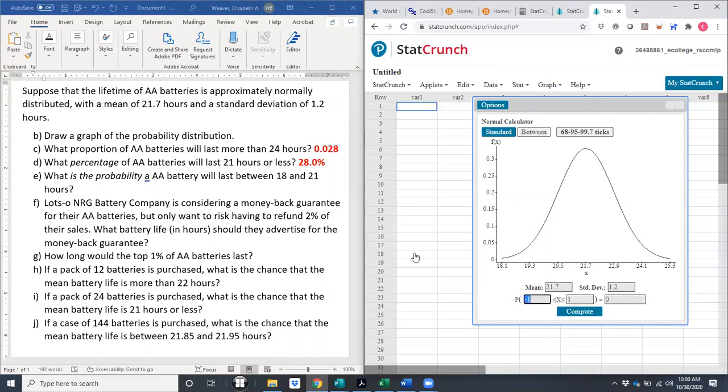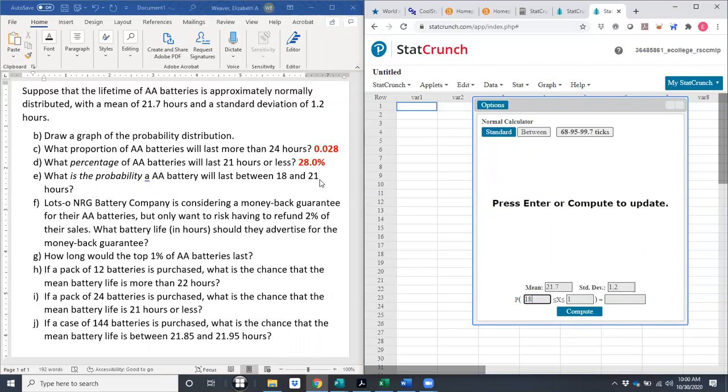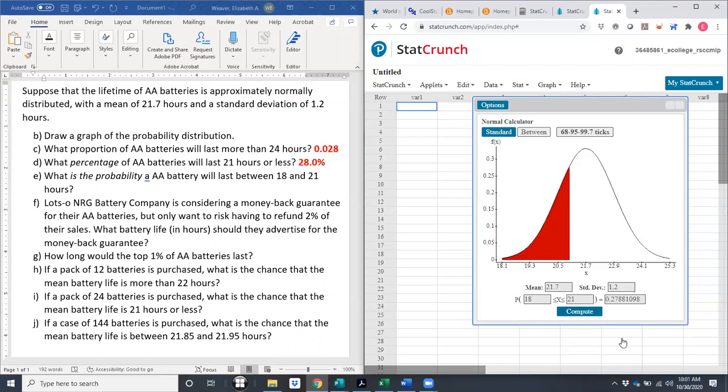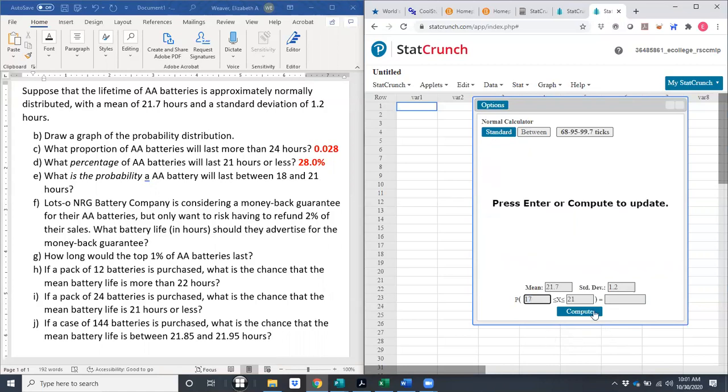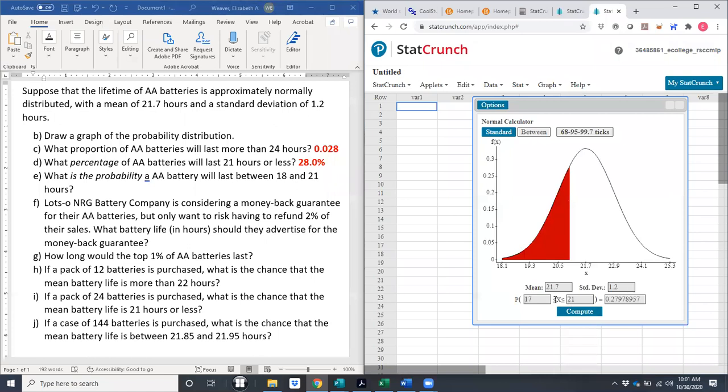We can change that. In this case, we want it to be between 18 and 21. So 18 is our lower, 21 is our upper, and then we'll hit compute. And of course, 18 looks like it's going on forever, but it's really not. It's only going like to right here. And so if I did 17, it'd be a little bit different.